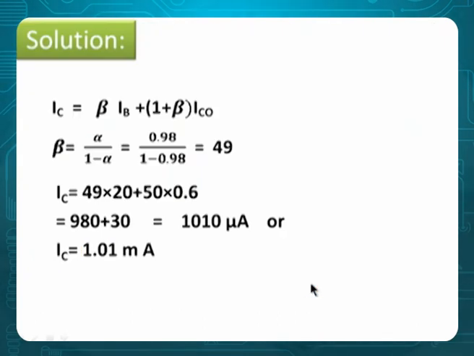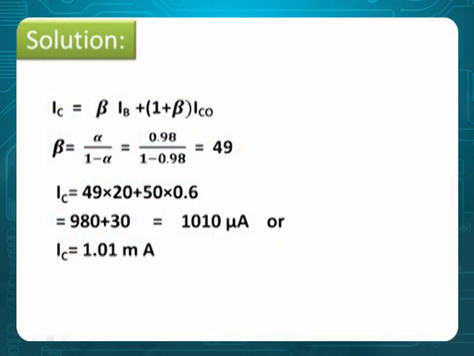The collector current is generally IC equal to beta times IB plus (1 plus beta) times ICO. Very small problems are given. That's why my illustrative examples are always tougher than the worked out examples. I mean, the examples that I have taken are always tougher than the examples asked in the question papers.